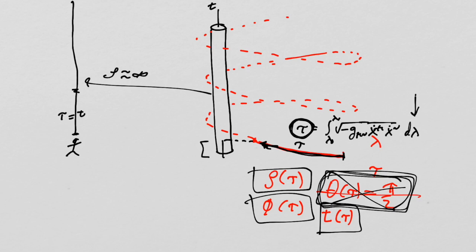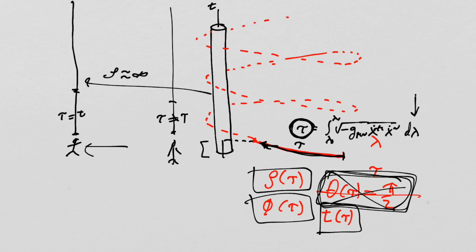But if you're close to this star here, if you're suspended from the star a certain distance, very close, your proper time, tau, is not going to equal the coordinate time. You have to be very far away for your proper time to equal the coordinate time.